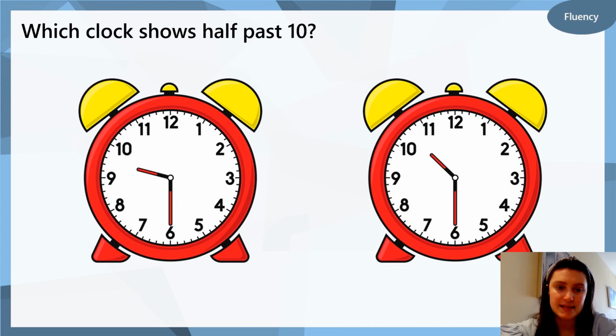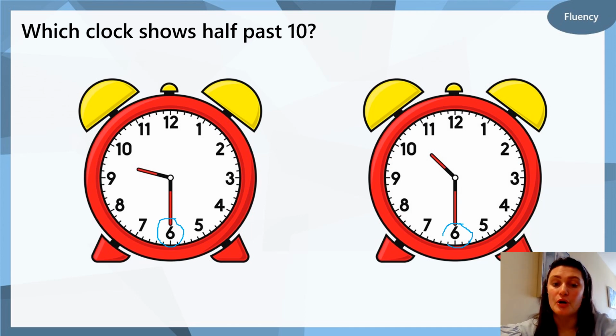Let's have another practice question. We need to find the clock which shows half past 10. Both clocks show half past because both minute hands are pointing to 6. Remember, when the long hand is at 6, it is half past.